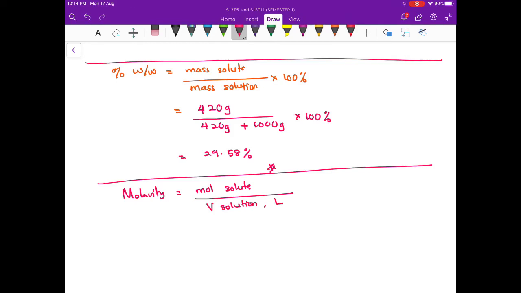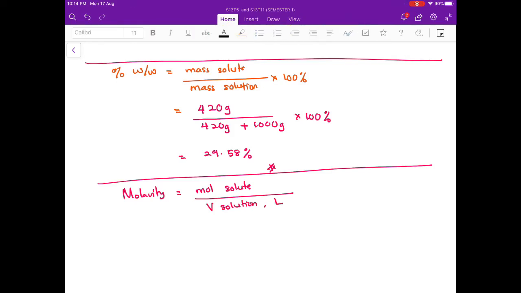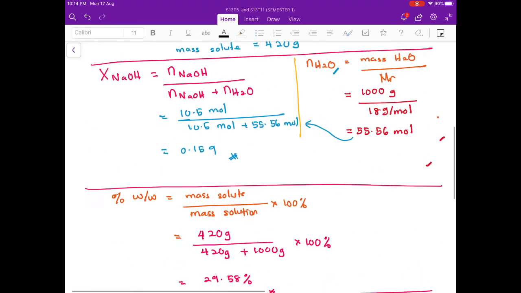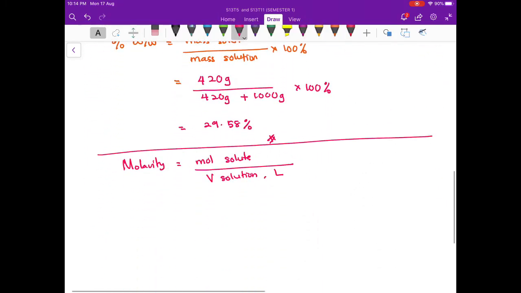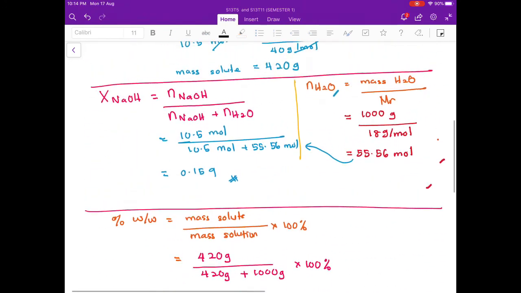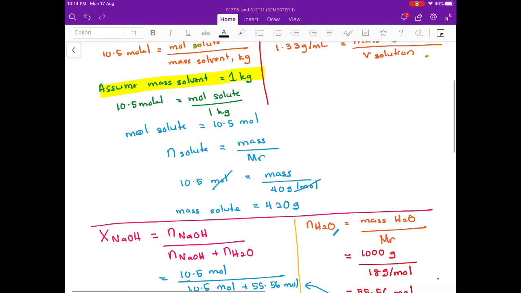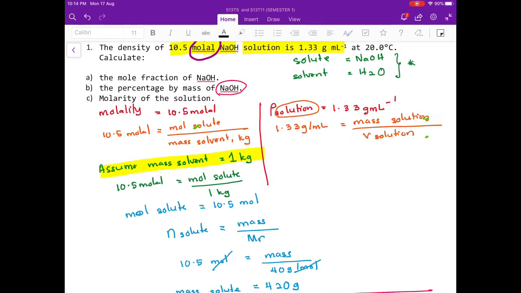Do you have the number of mole solute? Yes, we already have 10.5. What about volume? How to determine the volume? Based on the information that we have, where can we find the volume? This one, right?